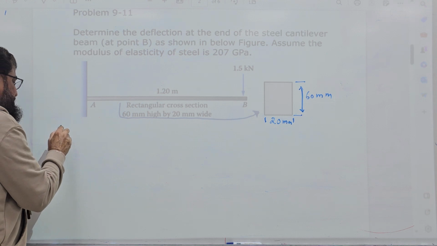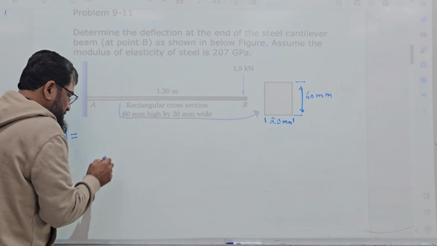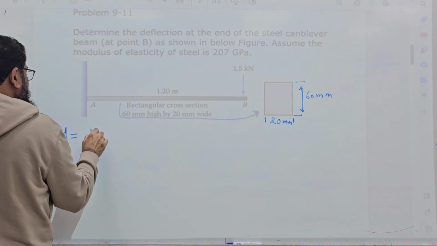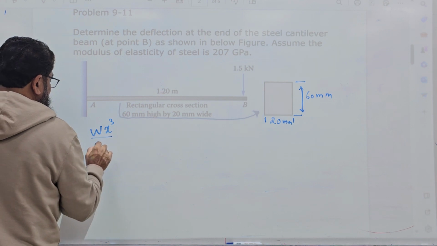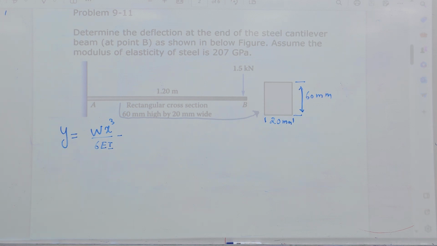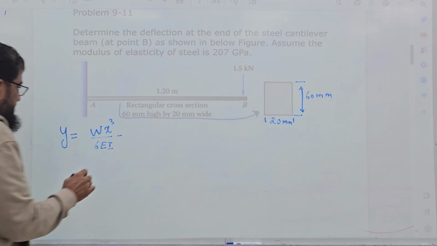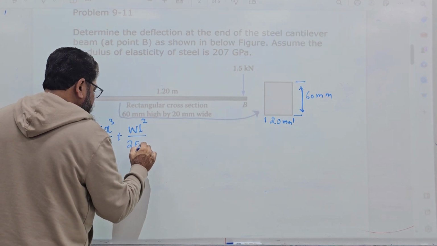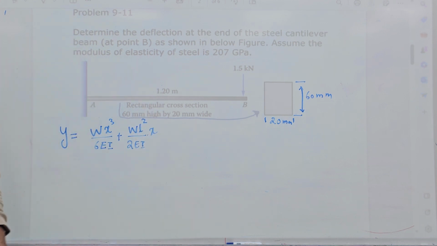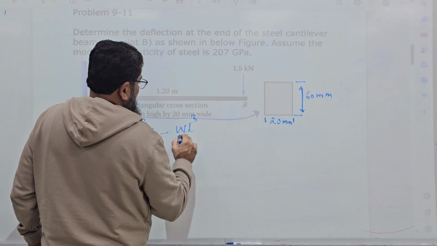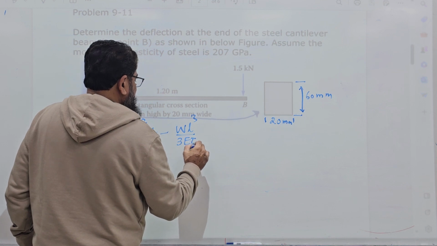So what is the general equation? The general equation, which was already derived, is y equals W x cube by 6EI, not minus, it is plus WL square by 2EI into x, minus WL cube by 3EI.